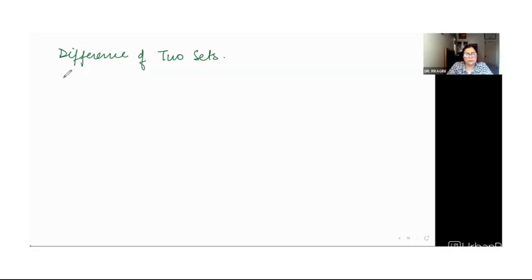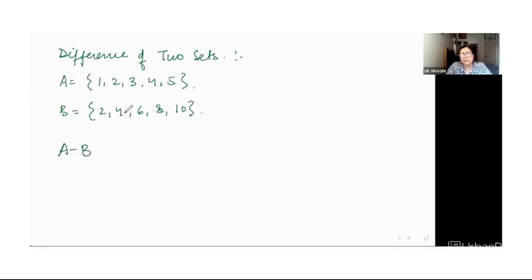Like we have A as 1, 2, 3, 4, 5. Difference of two sets, as the name denotes, is like A minus B. How can we write this?